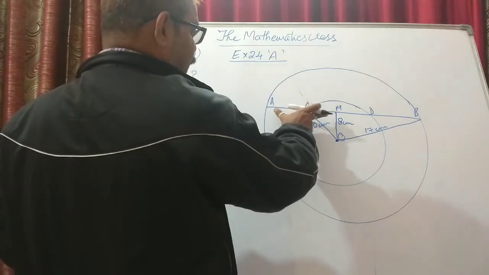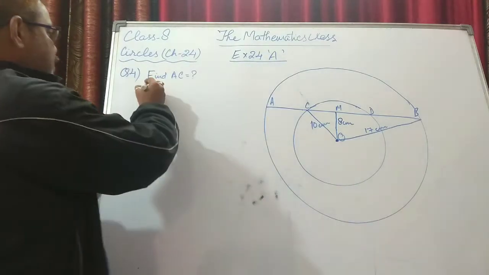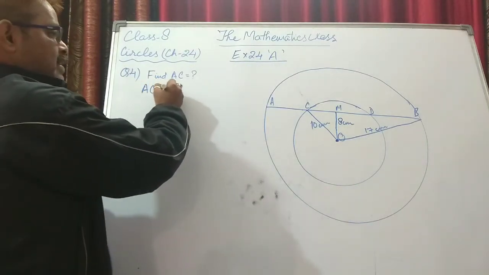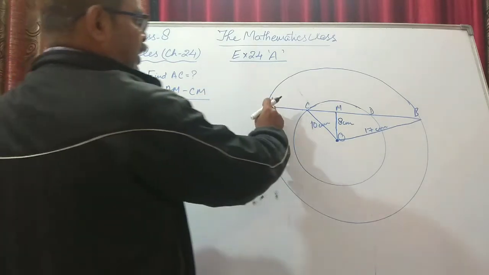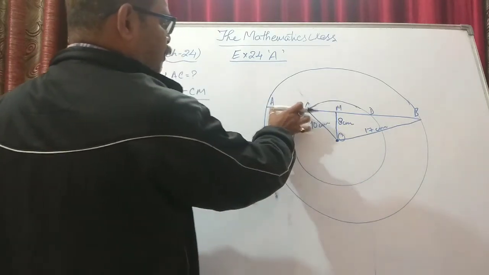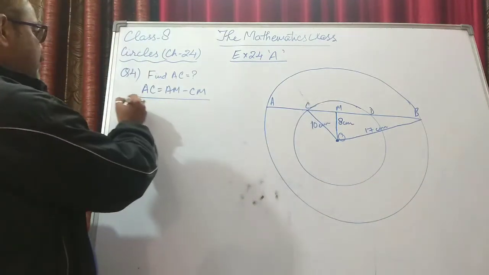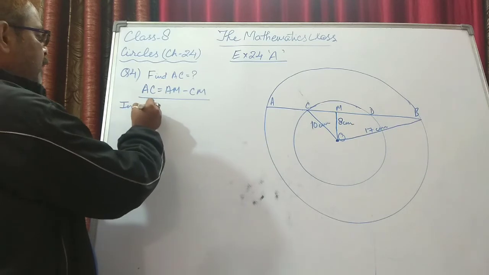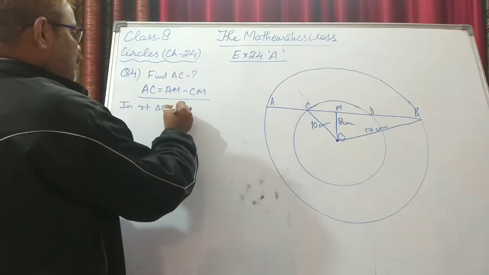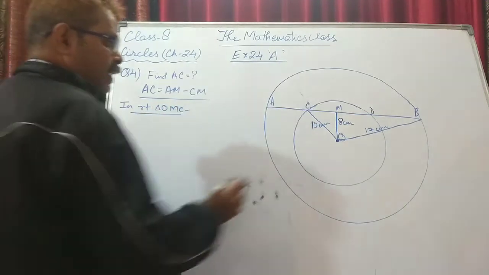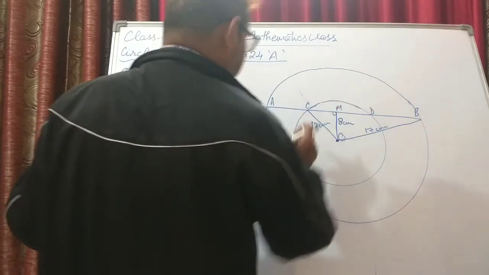So if I calculate AM and I calculate CM, I can find out the value of AC. AC can be written as AM minus CM. According to the diagram, AM minus CM will give you the AC. So how do we calculate CM? To calculate CM, we will consider right triangle OMC. What we can say, OC is hypotenuse because this is 90 degree, opposite to it is hypotenuse.